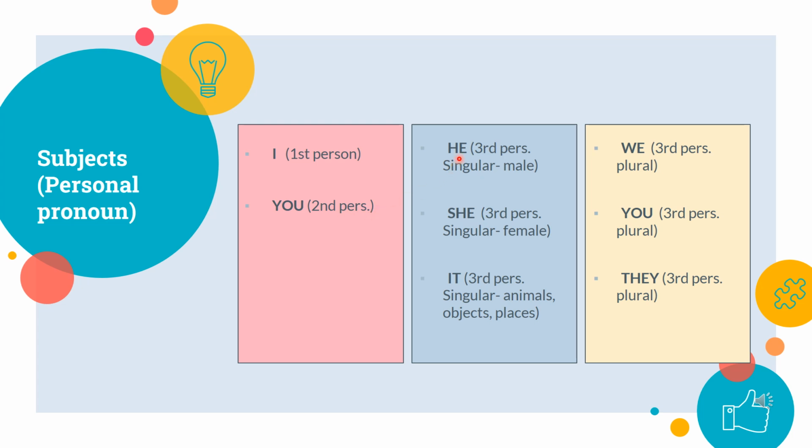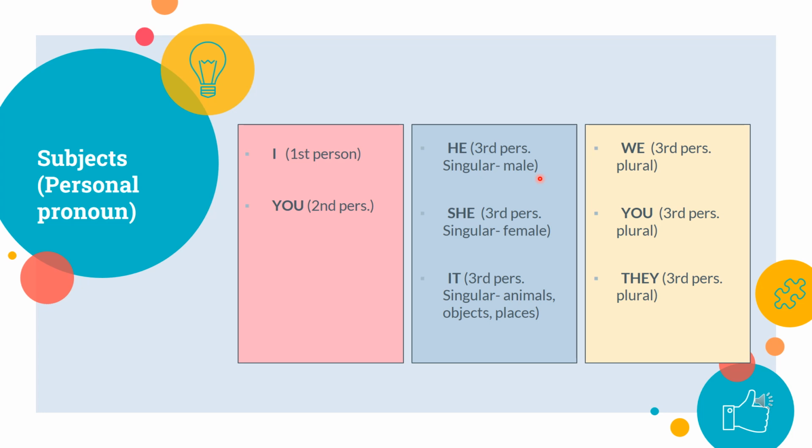Then we have the third person. We have the third person singular, and we use he for male. What is male? Male is boy, is man. For example, Lucas, for example, Marcos.